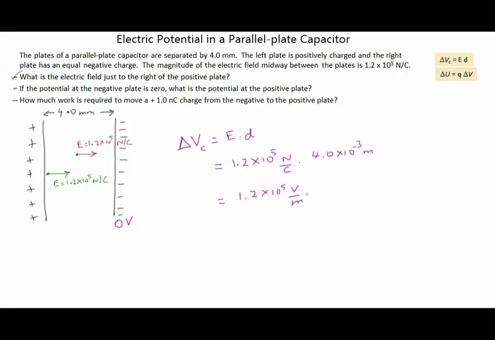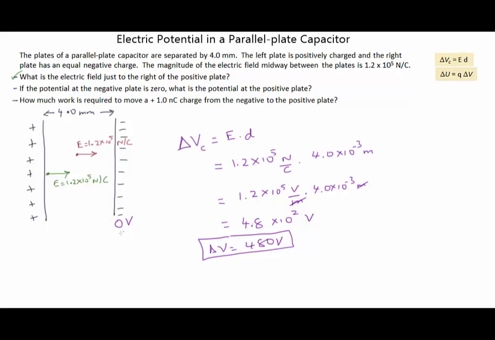We can write this as volt per meter, and that allows me to cancel the unit of meter and get an answer for the potential difference in volts. And when you do this multiplication, you would get 4.8 times 10 to the 2 volts, which is simply 480 volts. So the potential difference between the plates is 480 volts.